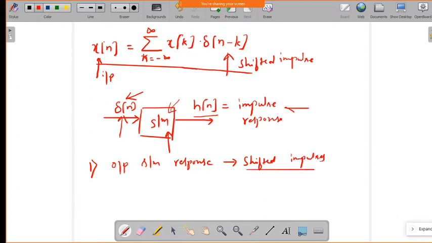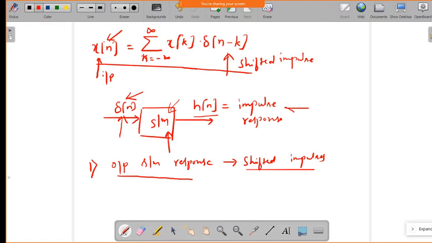That means if I give any arbitrary input signal in terms of shifted impulses, what is the output of the system? What is the output of the system for time shifted impulses? This is one of the methods to compute the output of LTI systems.